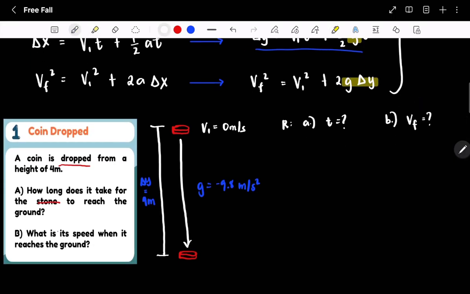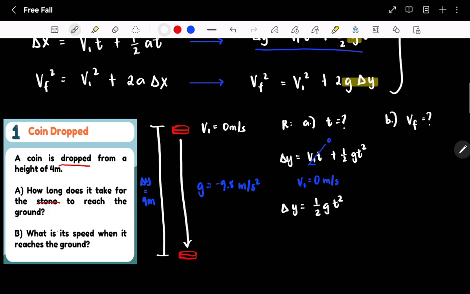Kinematic equation number 3 is delta y equals V I T plus 1/2 G T squared. Now you should note that the velocity initial is 0 meters per second. If we substitute that here and multiply it to t, the value would still be 0, so we can remove that out of the equation. Therefore, our equation will be much shorter and it will become 1/2 G T squared.